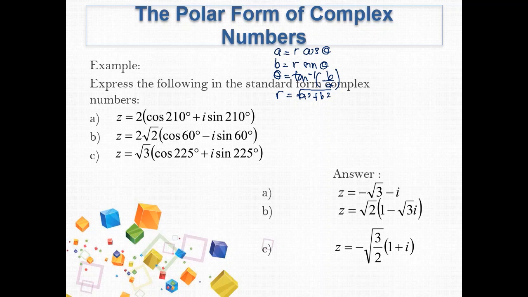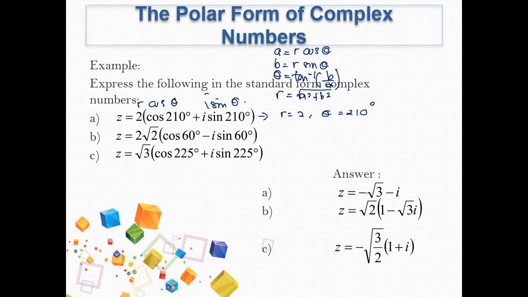Now we have the r, the cos theta, and the i sin theta here. So what we can get from this is r equal to 2, theta equal to 210.